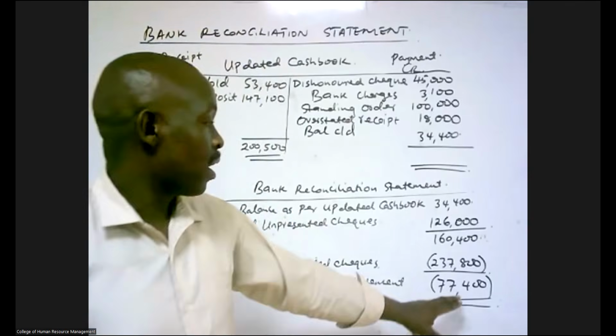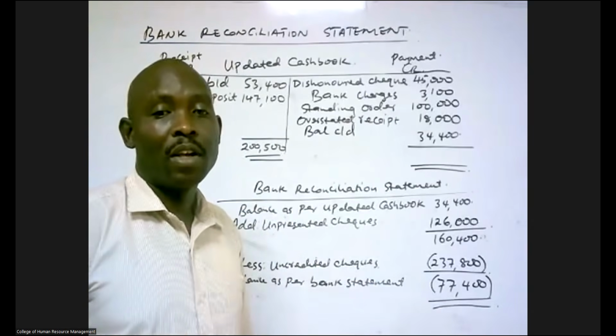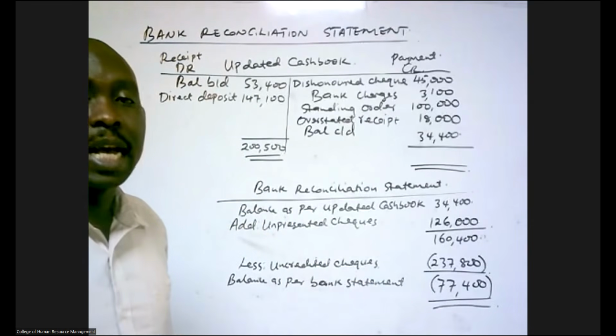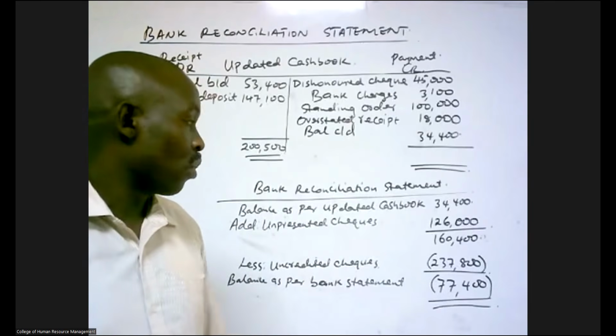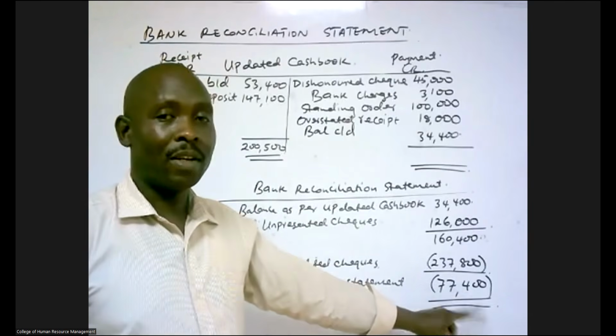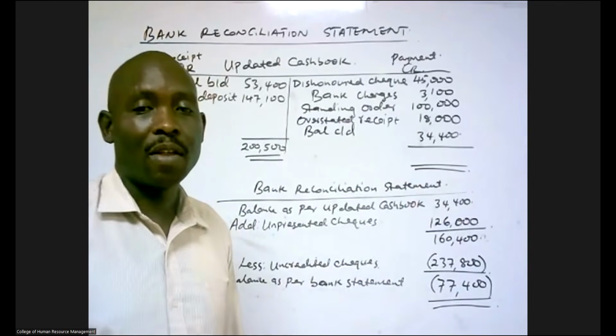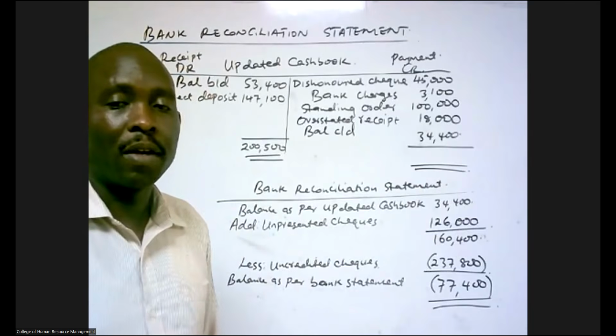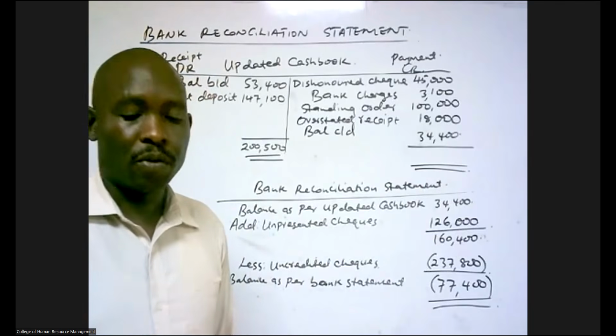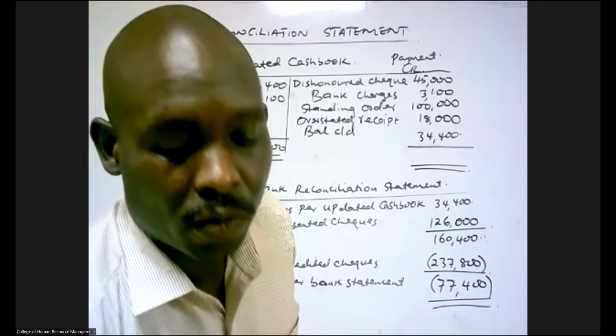So this figure is very correct. It was supposed to come to a negative. And we have done reconciliation. Once the figure that you have arrived at is the same as the figure that you are given in the question, then your reconciliation has been done and it's okay. That is for the first question.